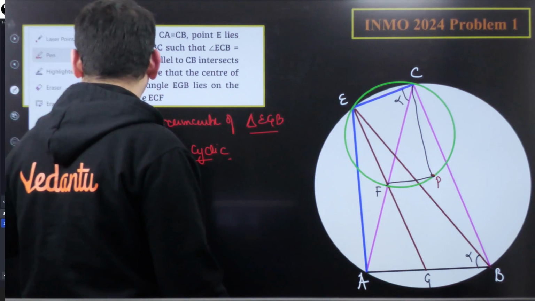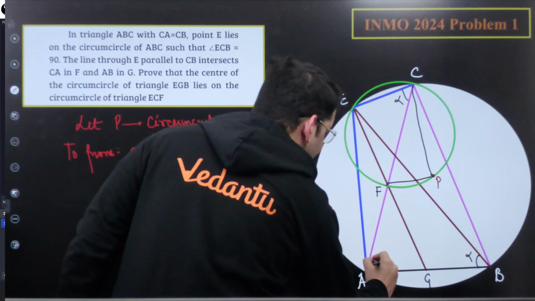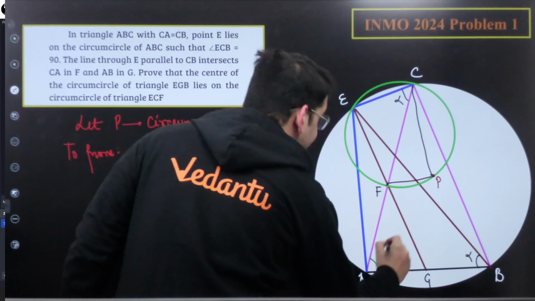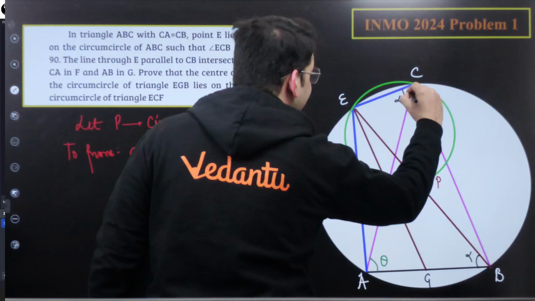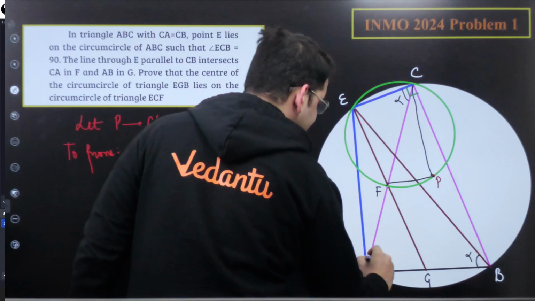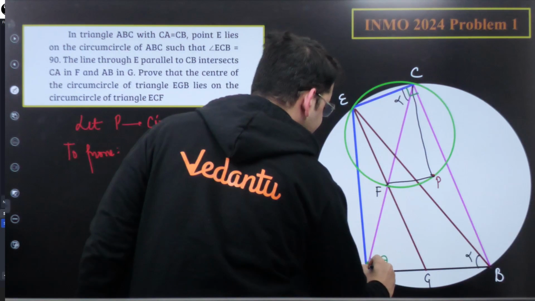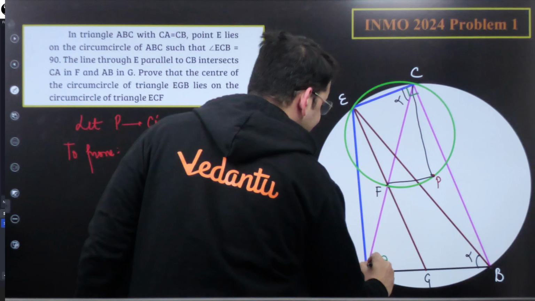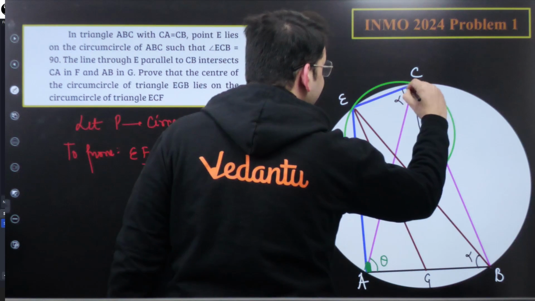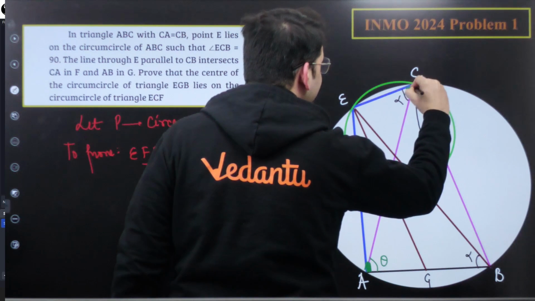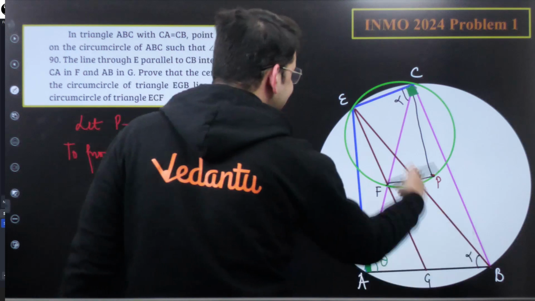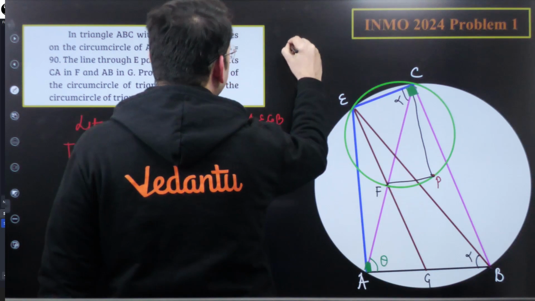The other implications that we had done before was this angle was theta. This was 90. This is not an implication. This was something which is given. This is also 90. So this is 90. This is also 90. Okay. And EB is diameter.